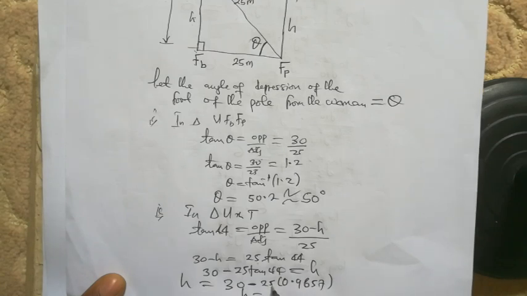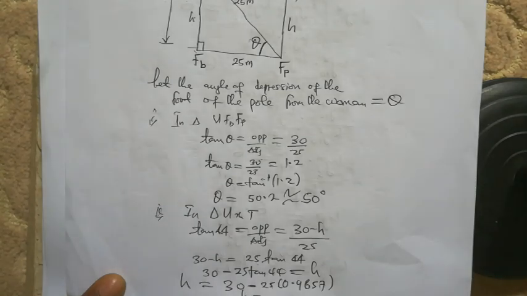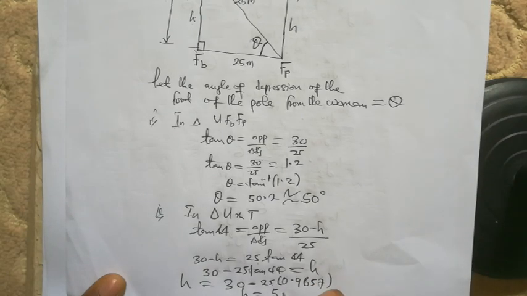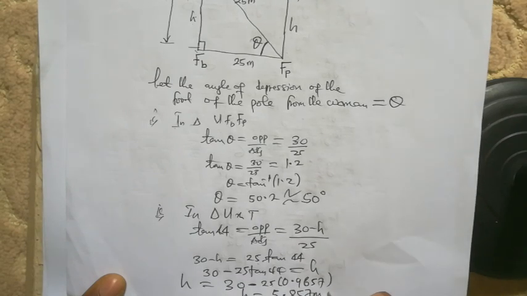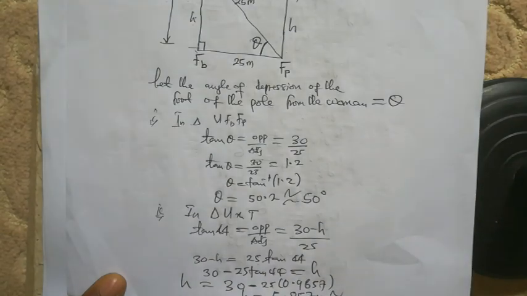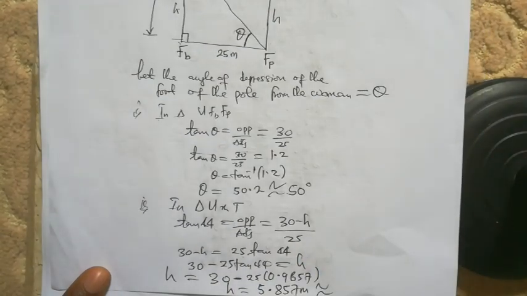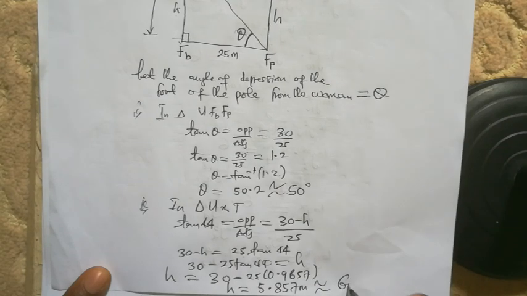When you multiply 25 times this and subtract it from 30, your answer is going to be 5.857 meters. But we are asked to leave our answer in whole number, so the height is going to be 6 meters.